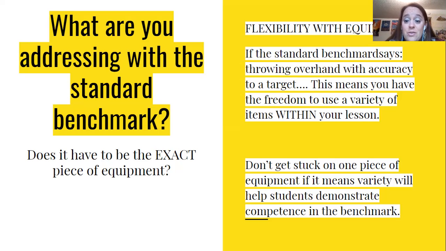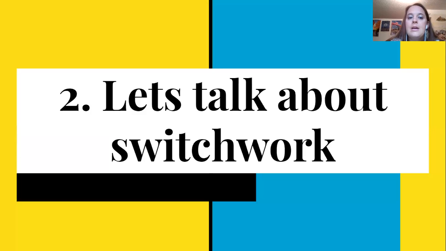A lot of kids have a hard time throwing a football. And I don't have any knocks against football, but I see kids being able to get more confident and excited when they can use different pieces of equipment. Kind of makes it exciting too. You have the variety there. But my big thing is, don't get stuck on one piece of equipment, if the variety will help your kids demonstrate competence in that benchmark.